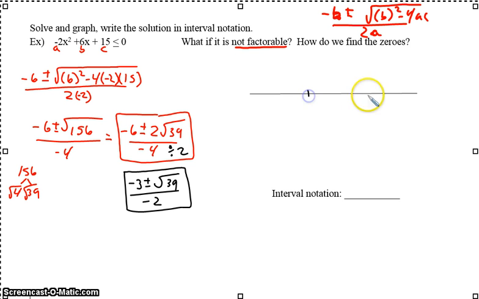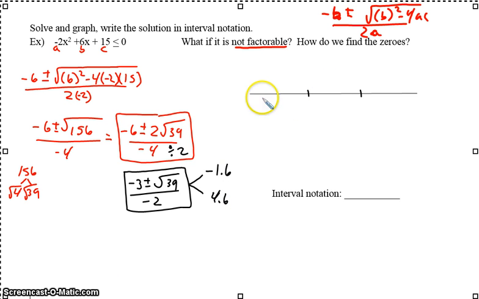But putting this on my number line is going to be kind of difficult, so I want to take the time to change them to decimals, to have an idea of which numbers I should pick on my number line. If I type this into the calculator, as a decimal it's going to be about negative 1.6 and 4.6.